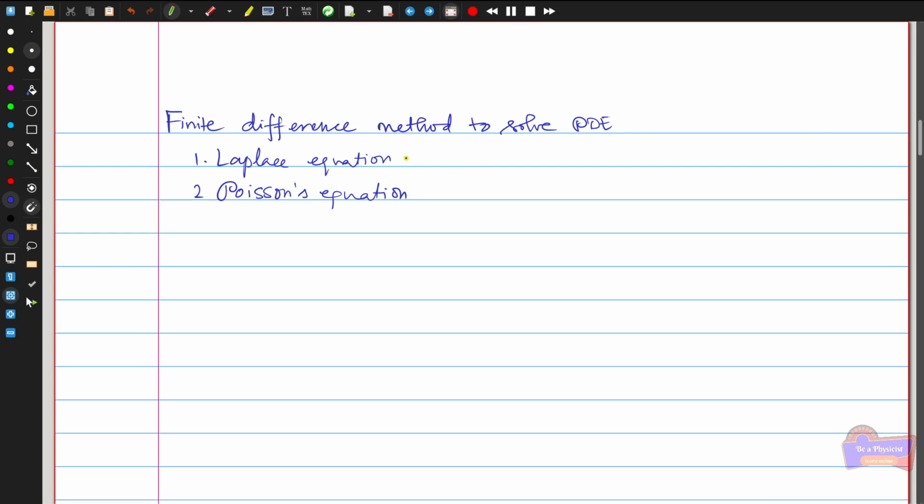The Laplace equation, you already know this: u of xx plus u of yy is equal to 0.